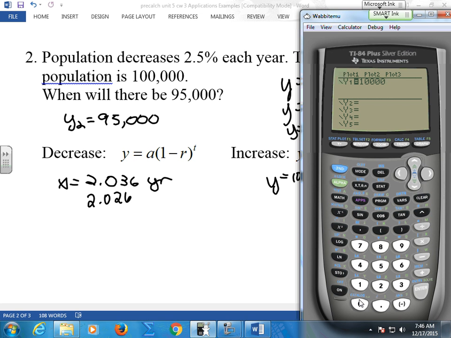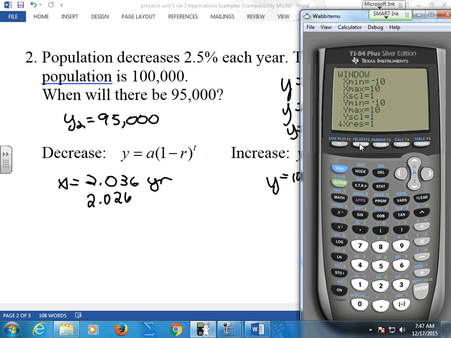Put this in your calculator. Guys, I need everybody's attention. I got it. 1 minus 0.025. Okay, and I want this to hook up to 95,000.